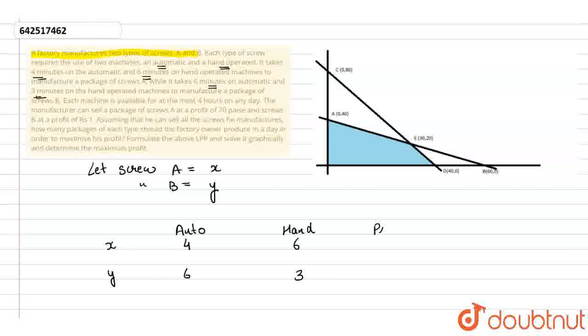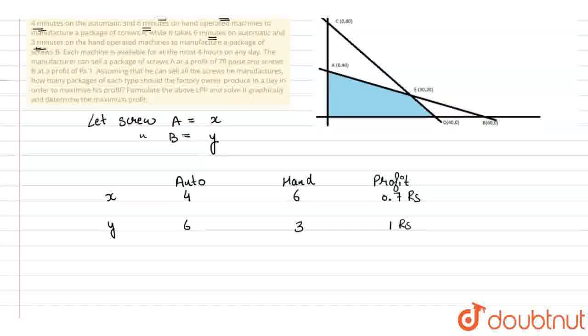And both of these screws have a profit of 0.7 rupees for X and 1 rupee for Y. And it is given that both of the machines can be run for 4 hours. So the total will be 240 minutes, and here also it will be 240 minutes.